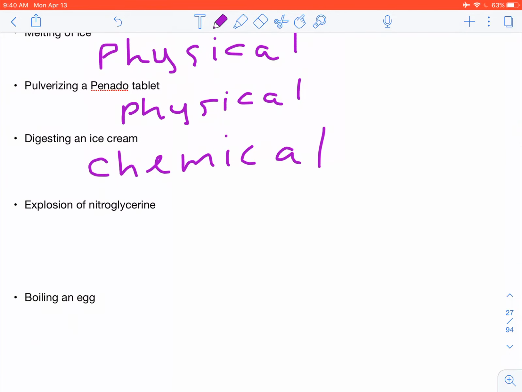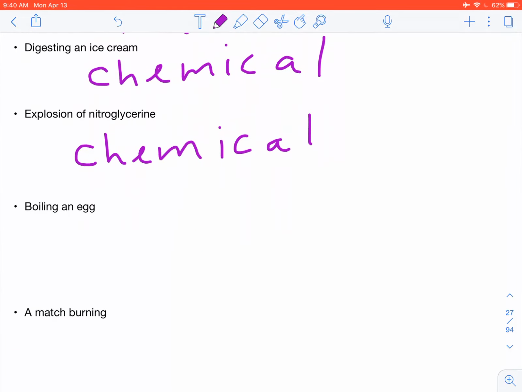And then if we look at the explosion of nitroglycerin, we know that when nitroglycerin explodes, new substances are formed, and that would be a chemical process. And then boiling an egg, when you boil an egg, you denature the proteins, and that's a chemical process.